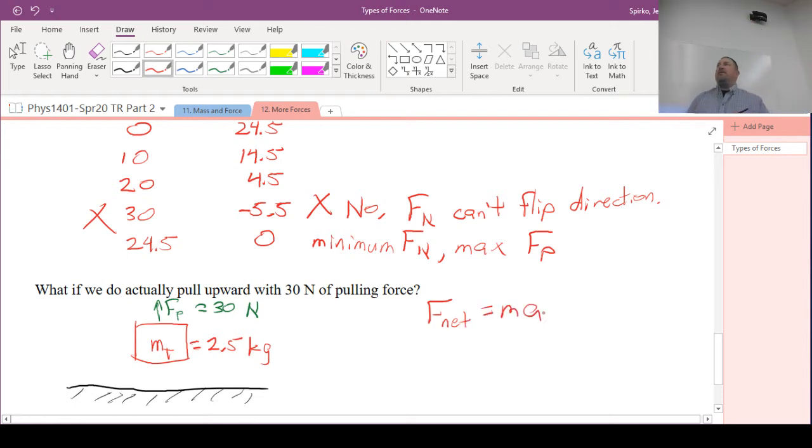What do you think is going to happen? We're going to accelerate this object. It's going to go upwards. So how much acceleration is there going to be then? Did you get 2.2 meters per second squared?